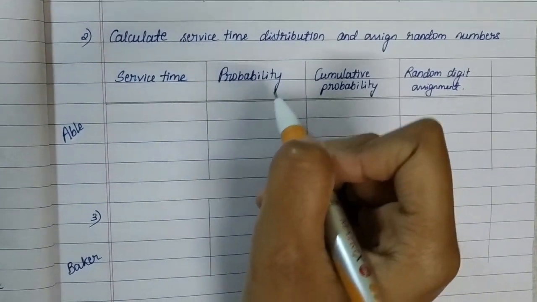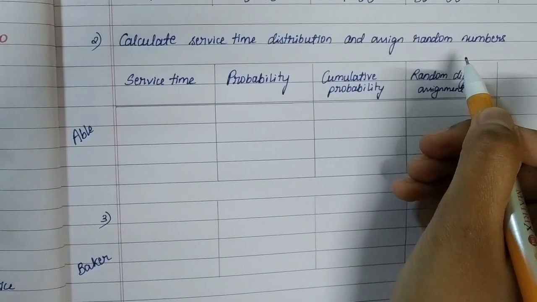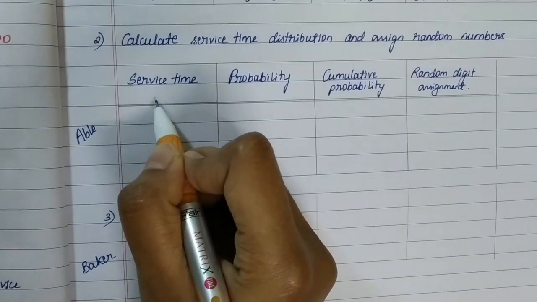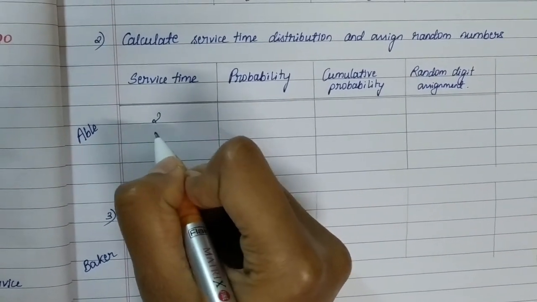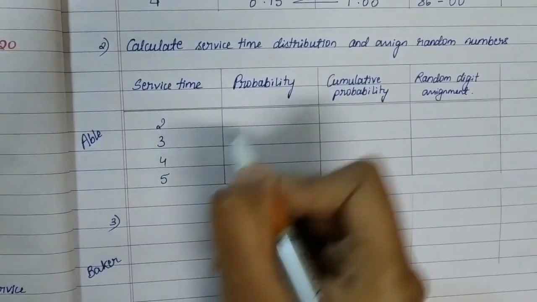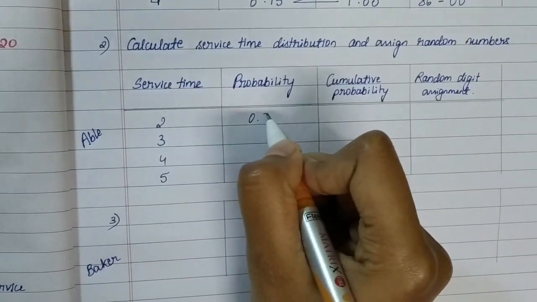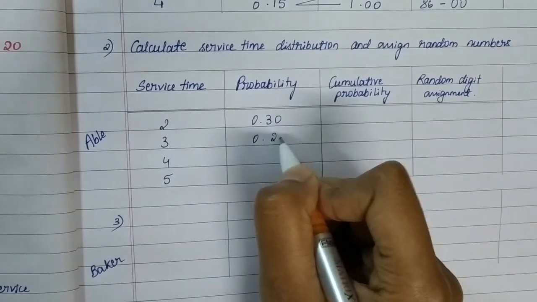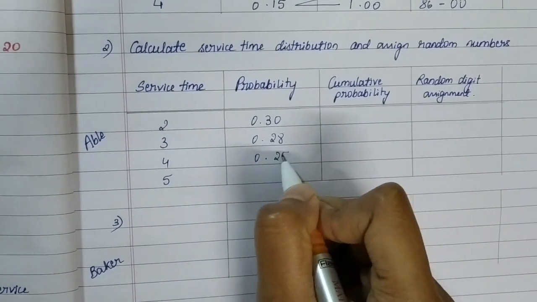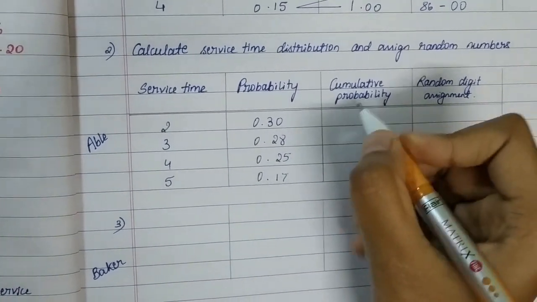Next, calculate the service time distribution and assign random numbers. The service time for Abel is given as 2, 3, 4, 5. Probability is given as 0.30, 0.28, 0.25, 0.17.